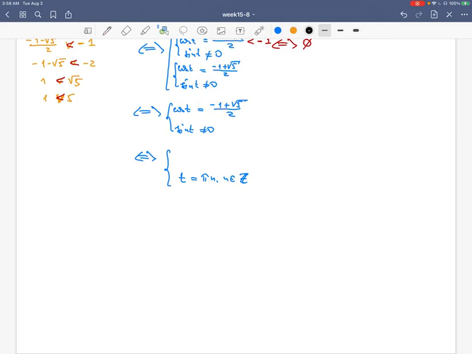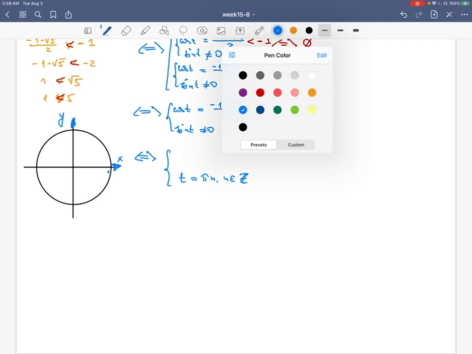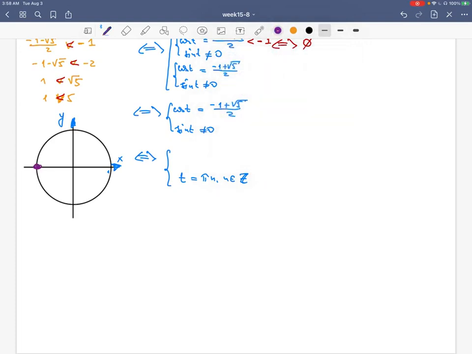That easily follows if you recall the unit circle, and that sine equals 0 at 2 points on the unit circle. Here and here. Sine t equals 0 if and only if t equals an integer multiple of pi, pi times n.